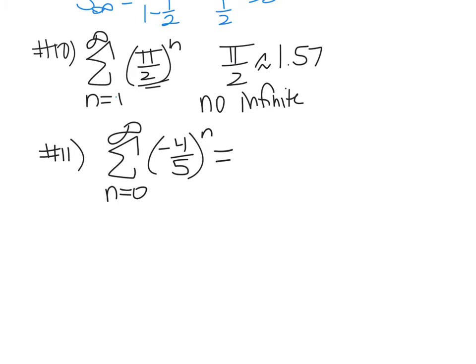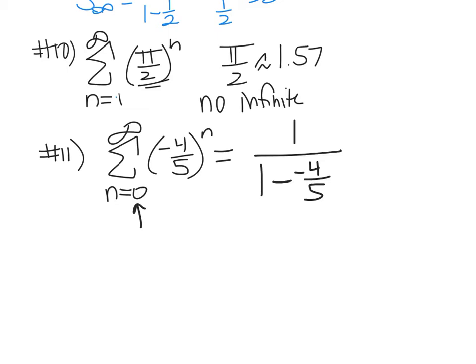So the formula is to find the first term, and the first term is what? 1. Plug in 0. You plug in whatever number this is to find the first term. So I get -4/5 to the 0 is 1. 1 minus -4/5, because -4/5 is r. This formula is actually this one right here on the board.